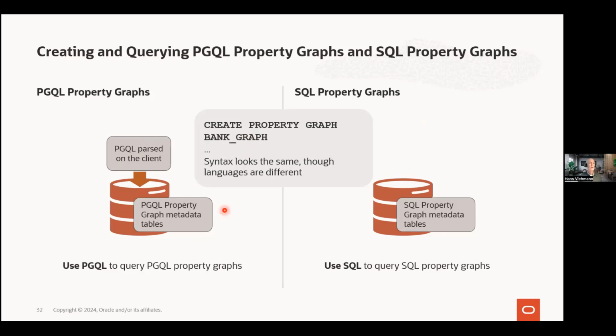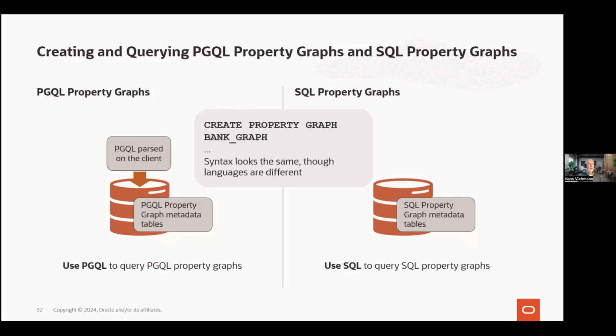However, the metadata structures, which is why SQL Developer can distinguish them, are different. Here, we have the user property graph view and things in the data dictionary. That's something we don't have here, and so forth. So you need to be aware of what you're working with.